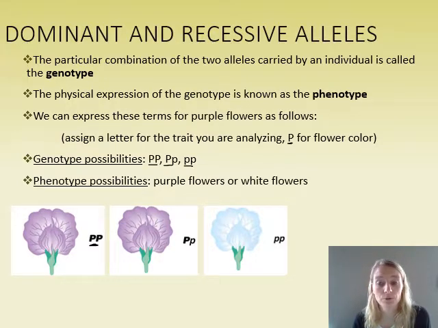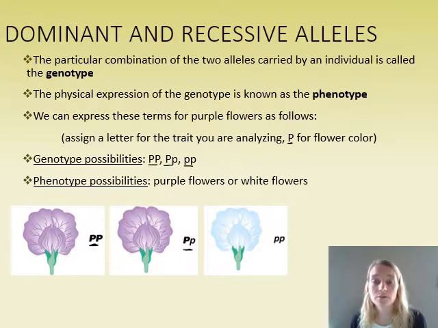So it's going to be a purple flower. If you are heterozygous, you have at least one of the big P's, right? You still have a recessive, but remember recessive, its definition is that whenever it's with a dominant, the dominant overshadows. So even though that heterozygote organism has a recessive allele, because it also has a dominant allele, it is going to be the dominant phenotype. So in this case, a heterozygote will be a purple flower.